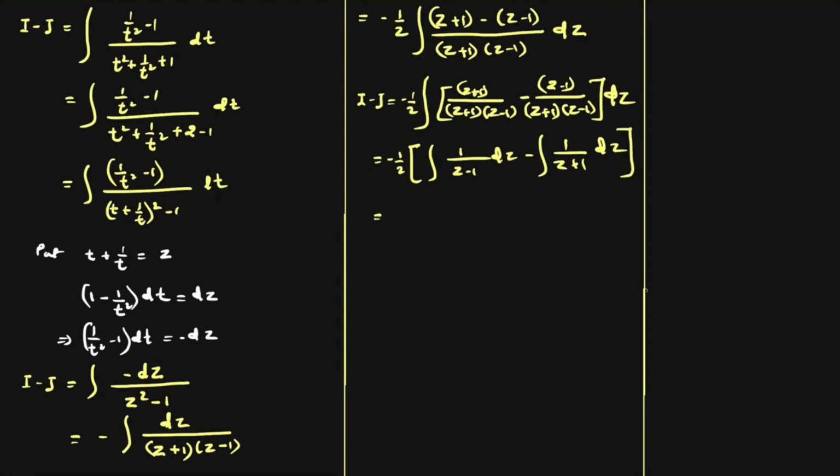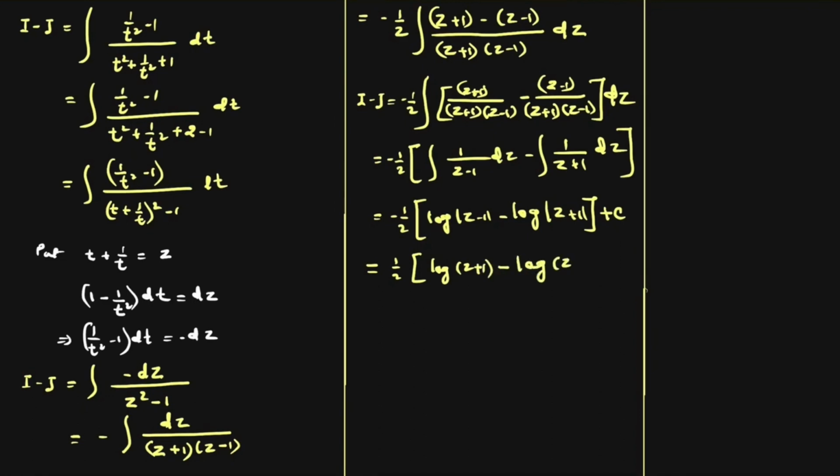So which is equal to minus 1 by 2. Integration of 1 divided by z minus 1, we will get log of z minus 1 minus log of z plus 1 plus c. If you take minus inside the bracket, then we will get log z plus 1 minus log z minus 1 plus c.